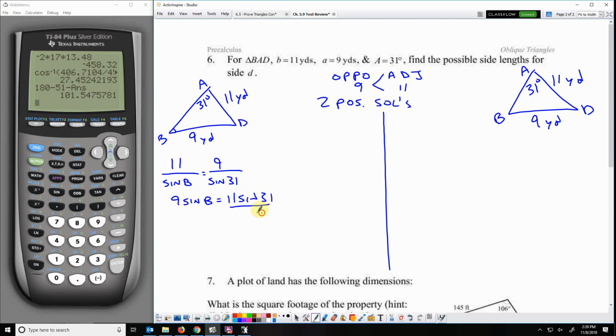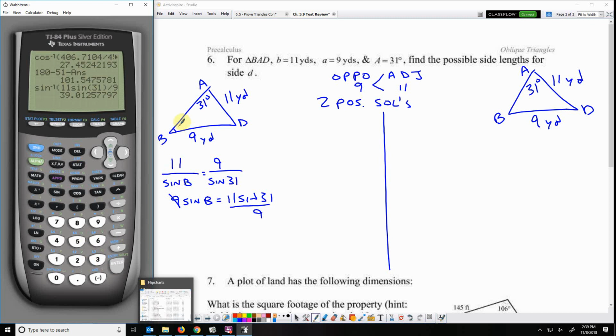We're going to divide by 9, and then to get B by itself, we're going to do arc sine. So second sine 11 sine 31 divided by 9. And we get 39.01.